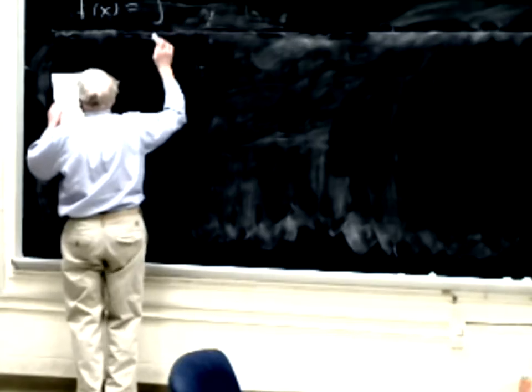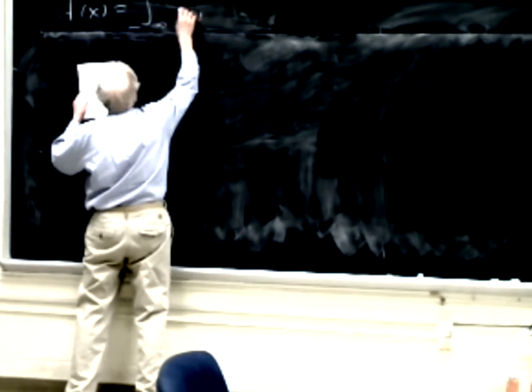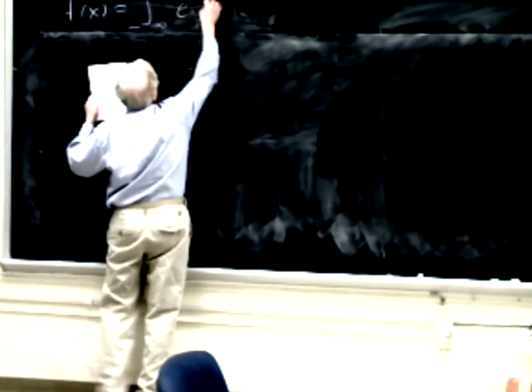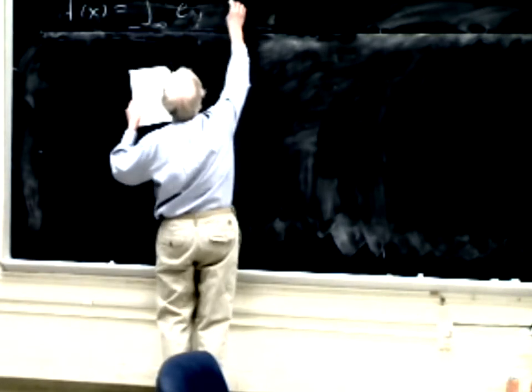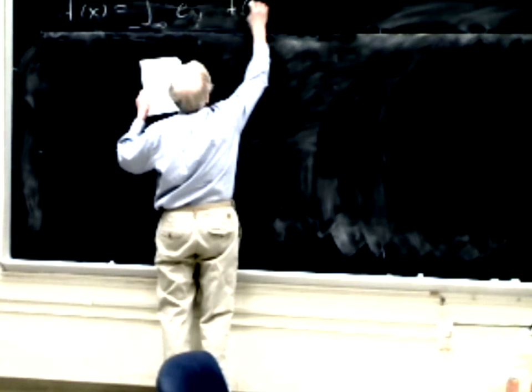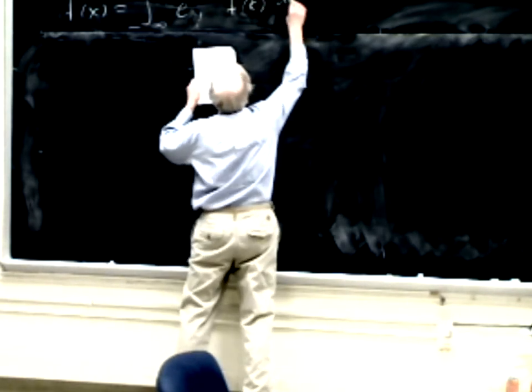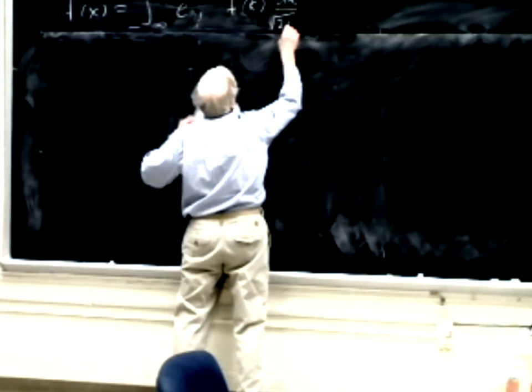And so suppose f of x is the integral from minus infinity to plus infinity of e to the ikx f hat of k dk over square root of 2 pi.